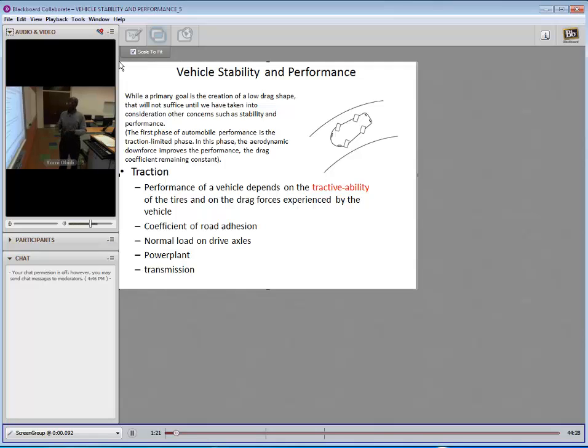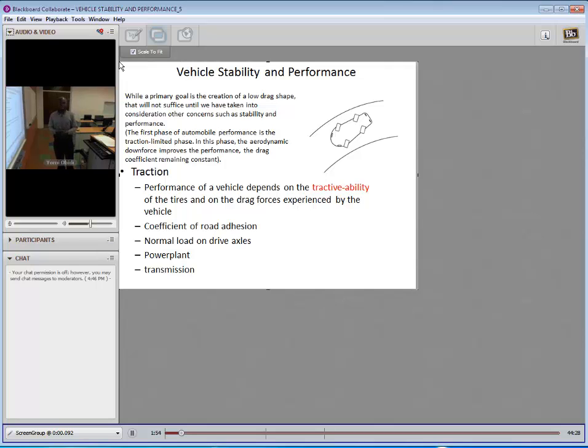The first phase in vehicle performance is called the traction limited phase. And it's in that phase that the aerodynamic downforce improves vehicle performance with the drag coefficient remaining essentially the same. As the phases go on, in the second phase, the drag coefficient becomes higher with greater aerodynamic downforce.